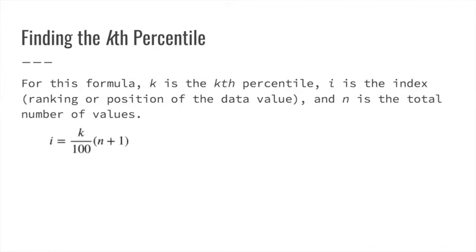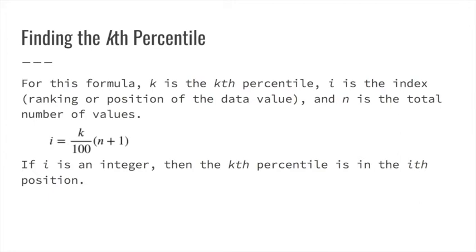If you have your data listed from lowest to highest, then the index number for a value is its place in line. So if you have an index of 1, that's the first data value. If you have an index of 10, that's the 10th data value. Basically, this formula is pointing you to the correct value in the list.